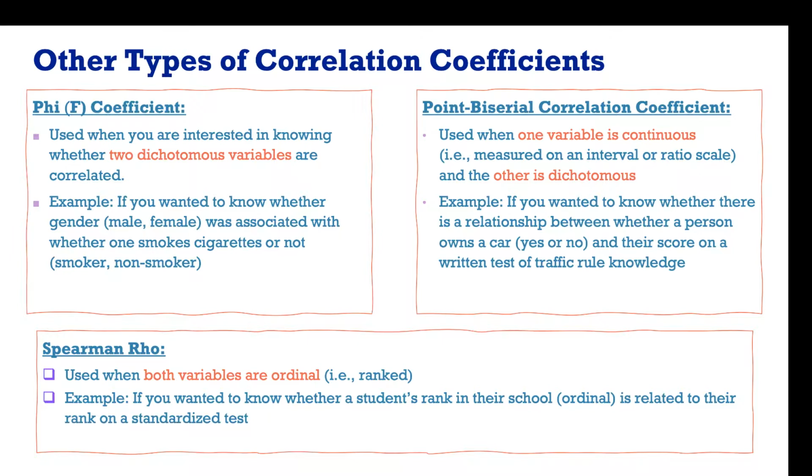The point biserial correlation coefficient is where 1 variable is continuous and 1 is dichotomous. And the Spearman rho is when both variables are ordinal or ranked. So you got first place in a race. Is that related to the place you got in strength conditioning testing?